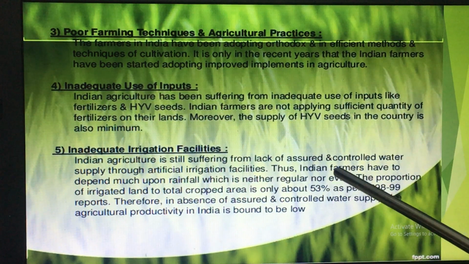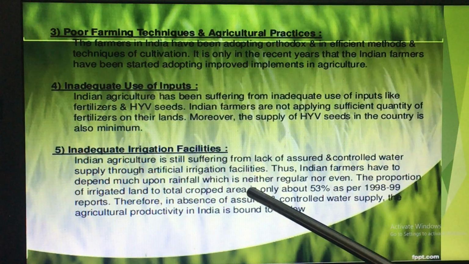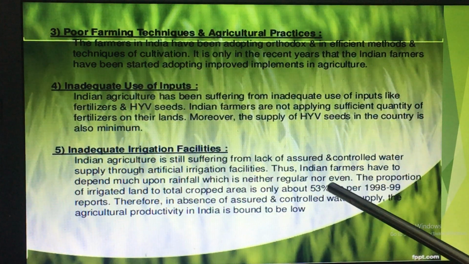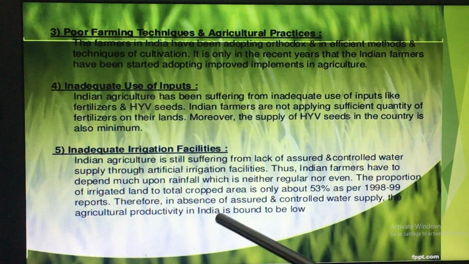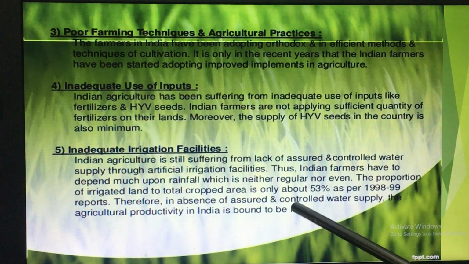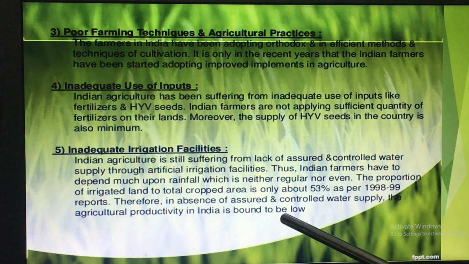Thus, Indian farmers have to depend much on the rainfall, which is neither regular nor even. The proportion of irrigated land to total cropped area is only about 53%.